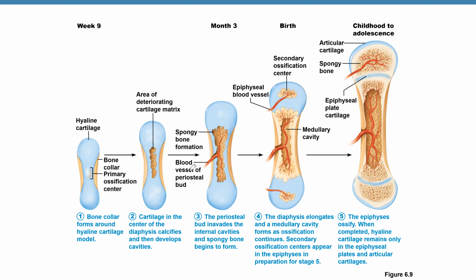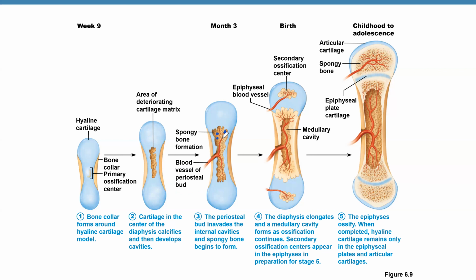And those blood vessels we call periosteal bud, and it brings bone cells, it brings white blood cells, it brings osteoblasts and osteoclasts and macrophages. And macrophages start cleaning up the debris of the cartilage.